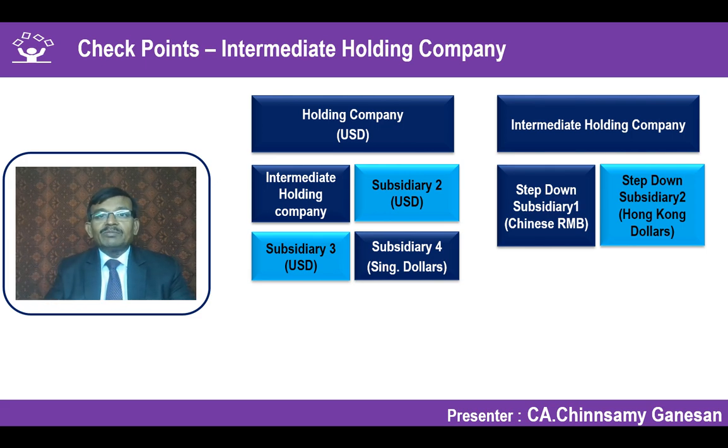Both options are available under Ind AS 21, that is step by step conversion or direct conversion. Depending upon what is beneficial, the entity can decide to have that. Okay, that we will see in a later slide. Now, the question is, what is the functional currency for the intermediate holding company?